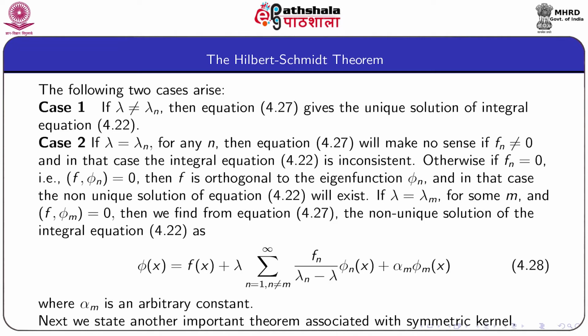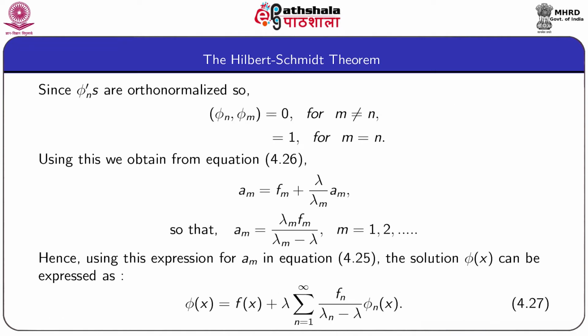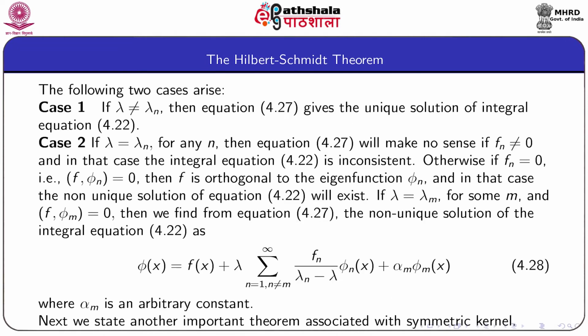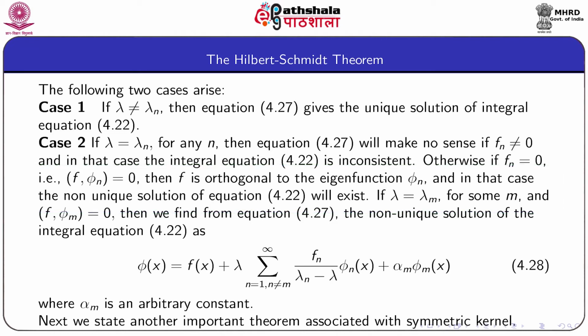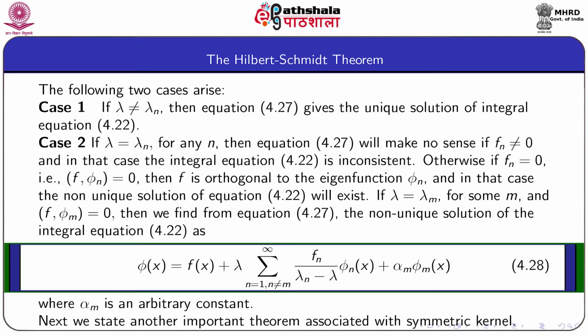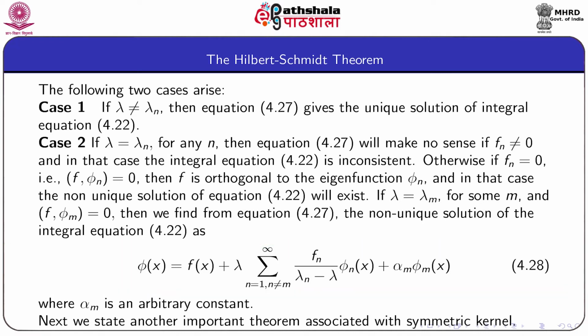Now if lambda becomes equal to lambda n for some value of n as m, that is lambda equal to lambda m, and also f m, that is the inner product of f and phi m, is equal to 0, then from equation 4.27 we find the non-unique solution of the integral equation 4.22 as phi x equal to f x plus lambda into summation n equal to 1 to infinity, n not equal to m, f n into phi n x divided by lambda n minus lambda, plus alpha m into phi m x, as given by equation 4.28.